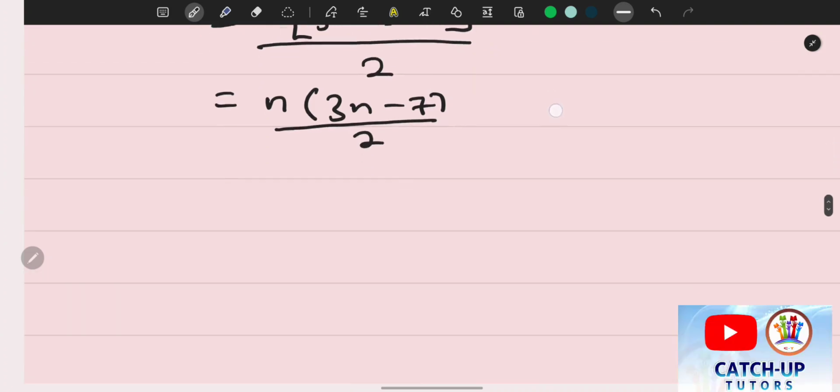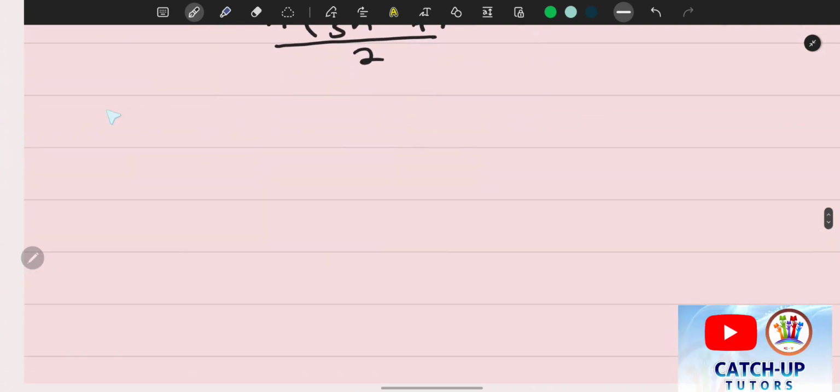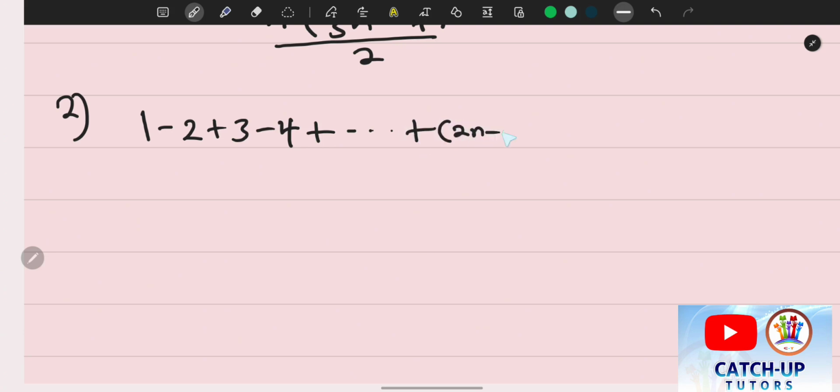Okay, so let's consider the second question. Question 2, we need to determine the value of 1 minus 2 plus 3 minus 4, and this process continues, then second to the last term, we have 2n minus 1, then minus 2n. So when you look at this, it is just like the sum of consecutive natural numbers.